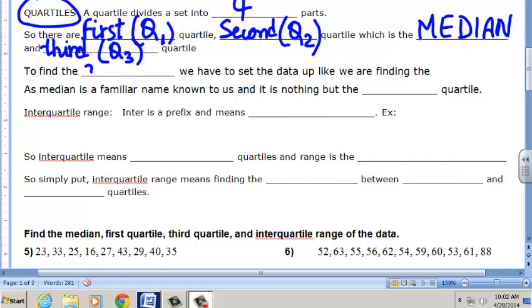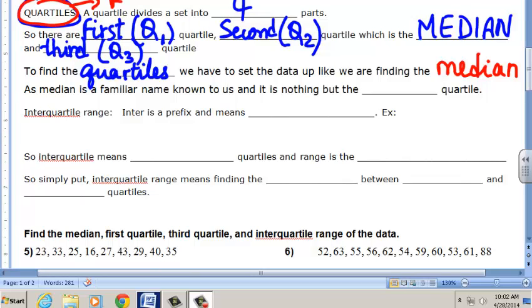To find the quartiles, we have to set up the data just like we are finding the median. So let's go back and again say quartiles.